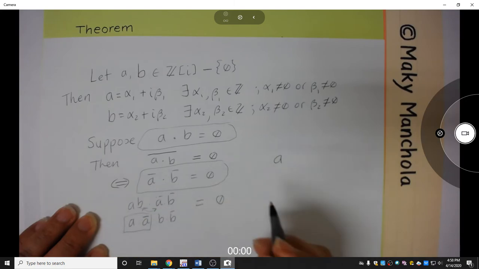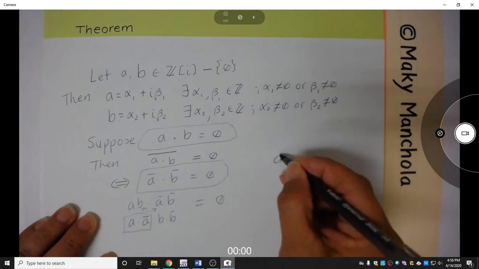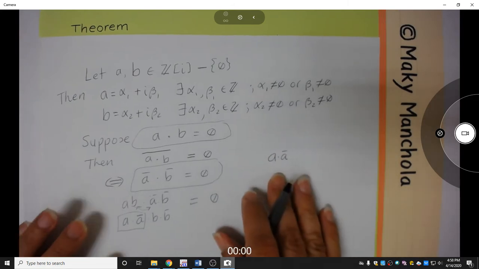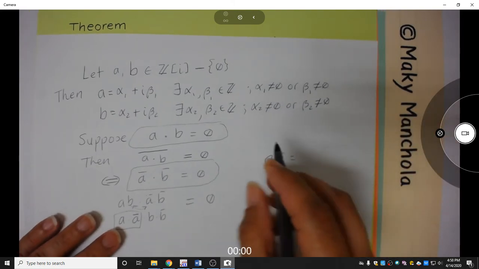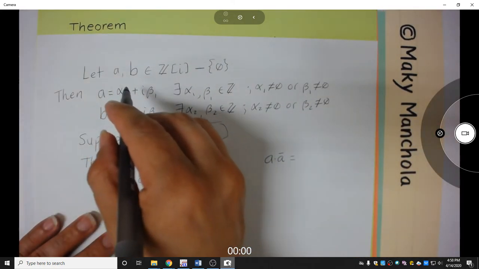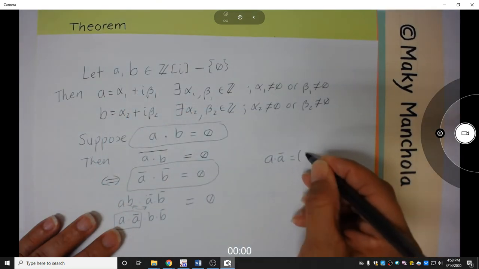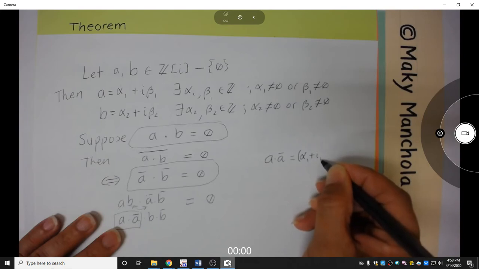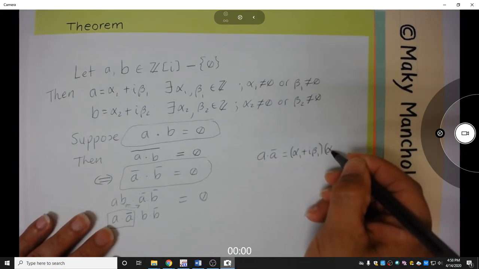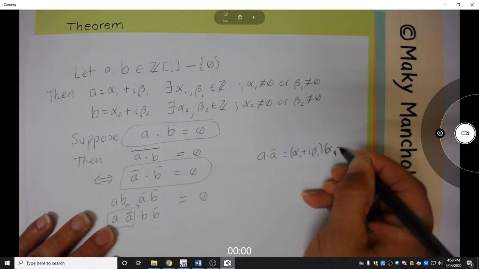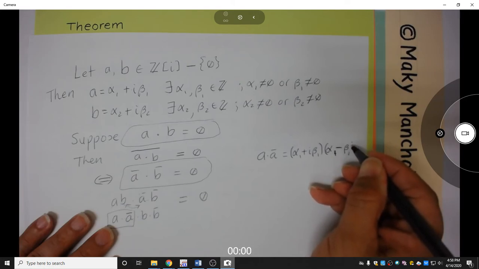Now if you focus on a times the conjugate of a, you will get the following result. Alpha 1 plus i beta 1 multiplied by alpha 1 minus beta 1 i.